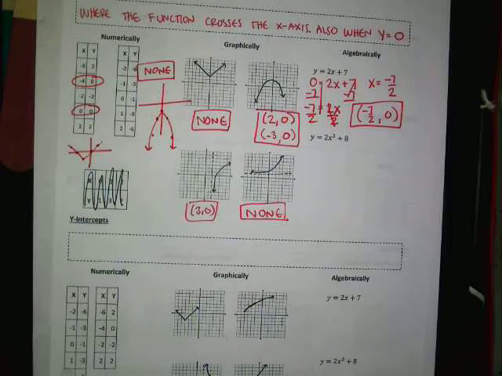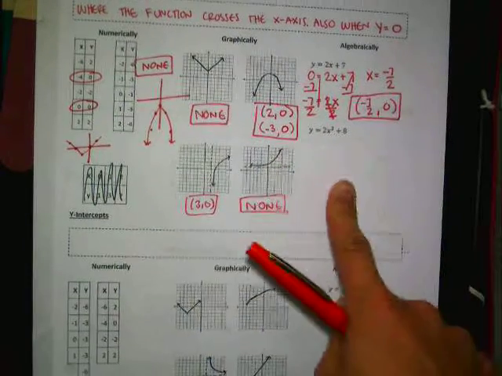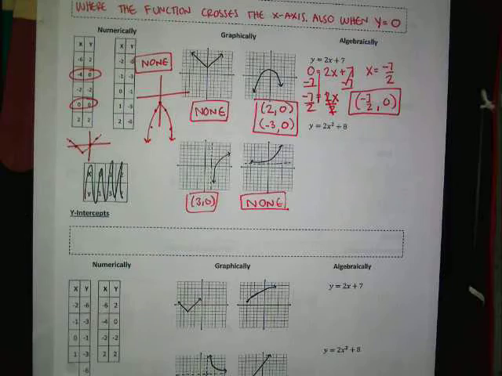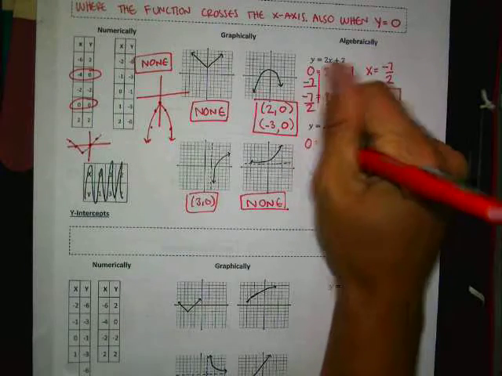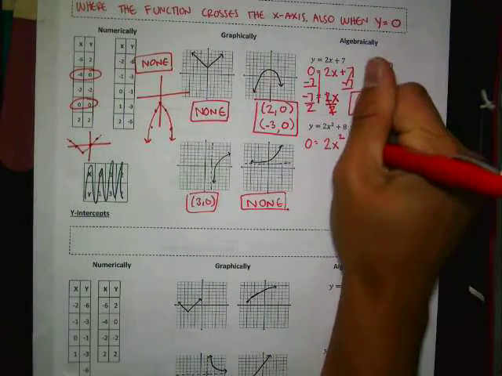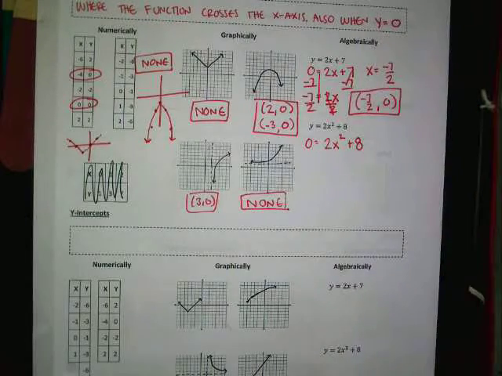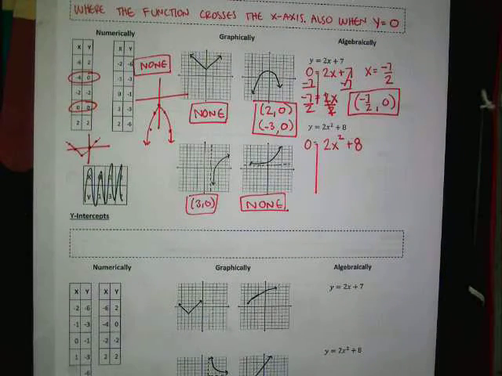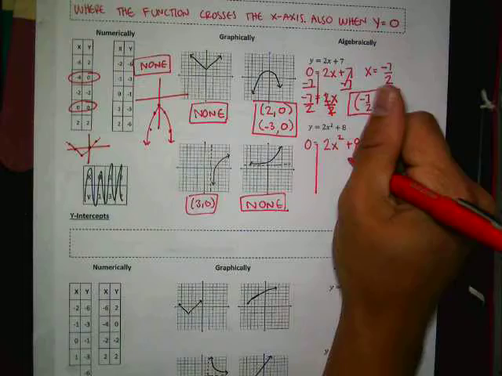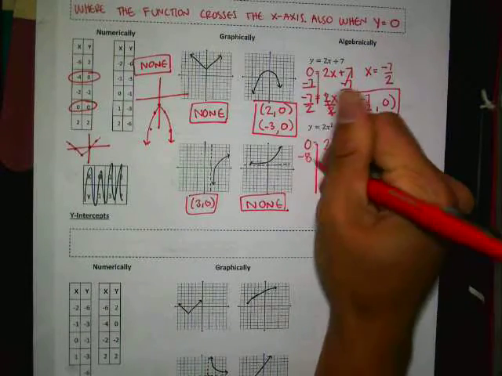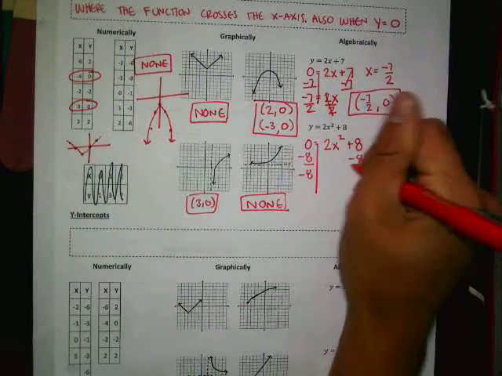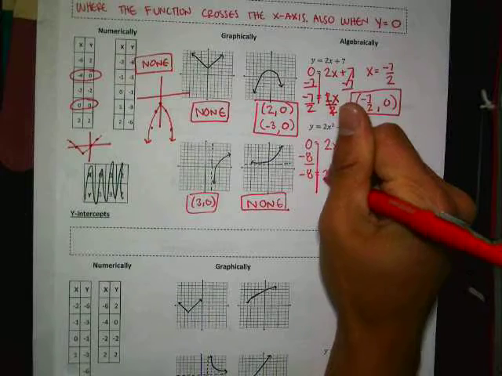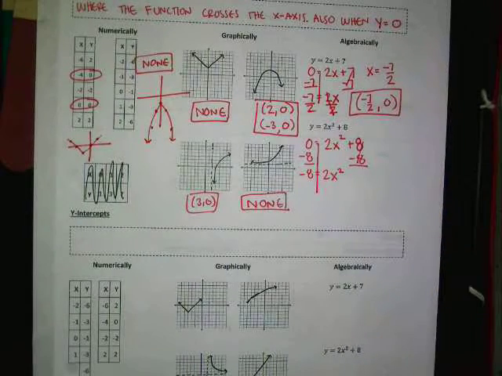So, the second one, what am I going to plug in for y? 0. Let's just do this one a little bit faster. What's the first step? Yeah, subtract 8. Okay, what's next?